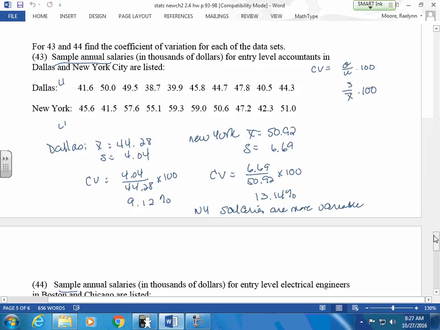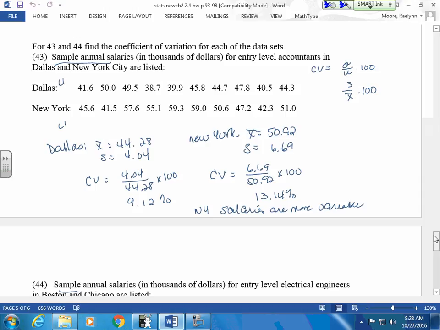This is important. This is your coefficient of variation. Your coefficient of variation is the one thing that can help you compare two unlike data sets. We're going to find out z-scores do the same, standard deviations do the same, but right now we're doing coefficient. The coefficient of variation is just a ratio between the standard deviation and the mean.